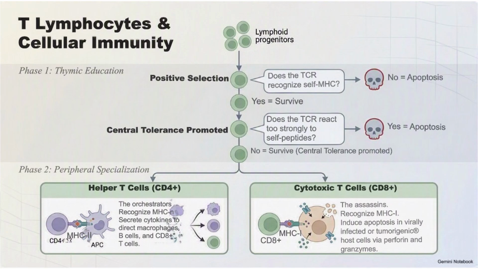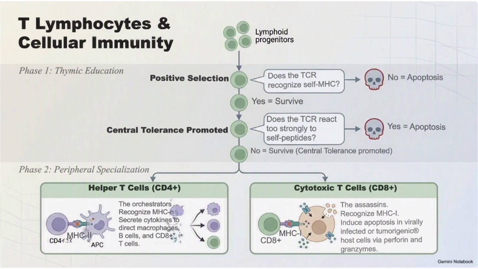Then comes negative selection, where T cells that react too strongly to self antigens are preferentially removed, helping promote central tolerance. These cells that successfully make it through this process can mature into populations that include CD4 positive helper T cells and CD8 positive cytotoxic T cells.